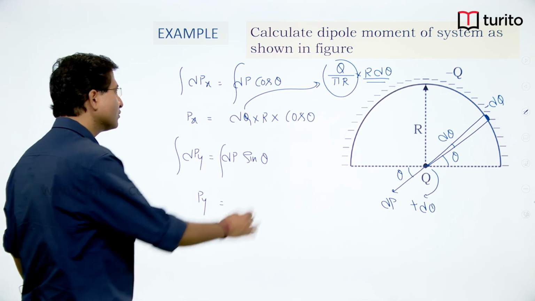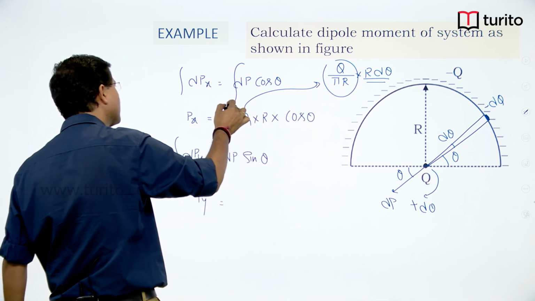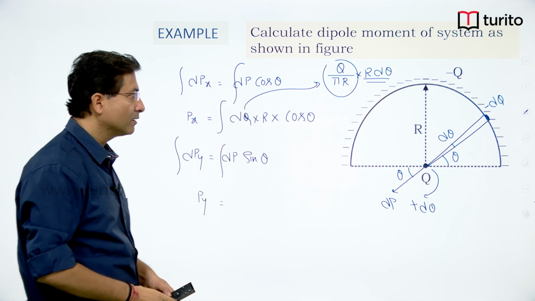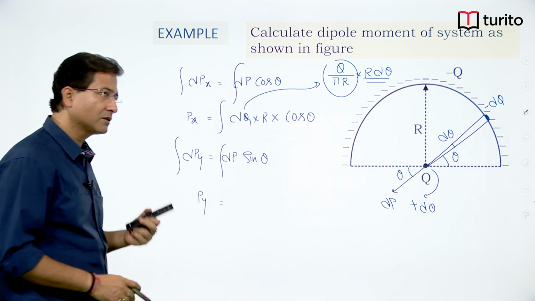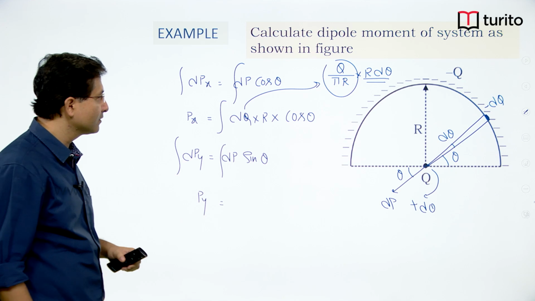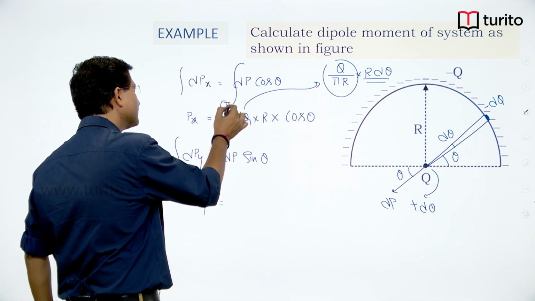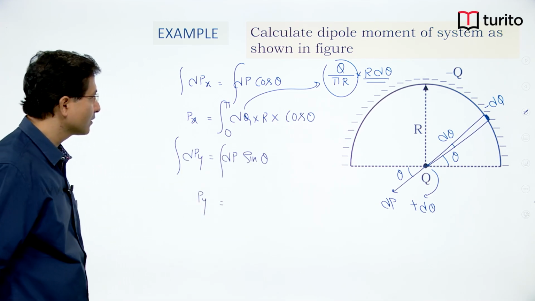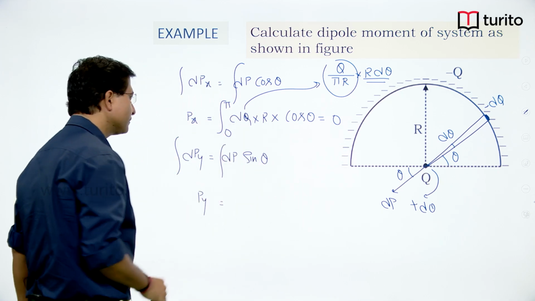So, if I substitute this value here, you can see it is nothing but integration of cos theta, limit from 0 to pi. Integration of cos theta will give you sin theta, right. So, putting the limit 0 to pi, this whole quantity will come 0.